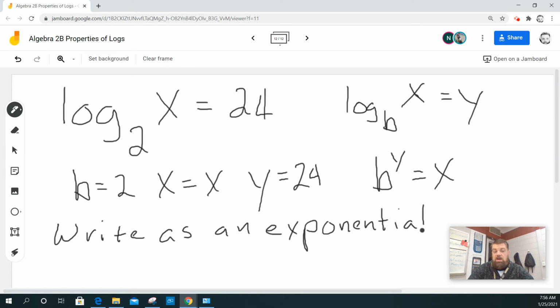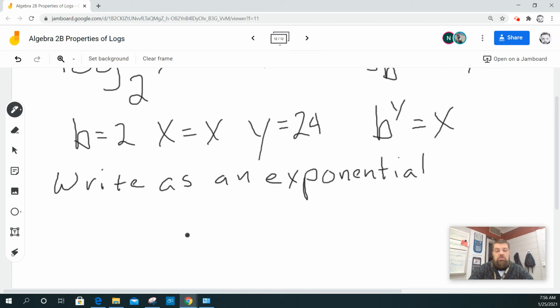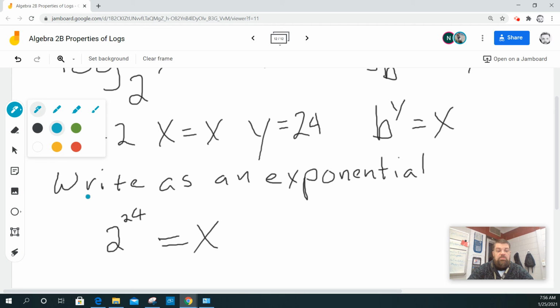So knowing that property, I'm just going to write 2 raised to the 24 is equal to x. And that's all they want us to do in this particular problem.